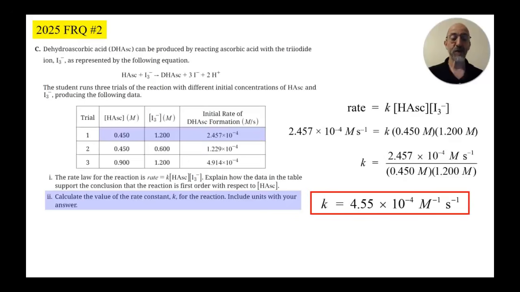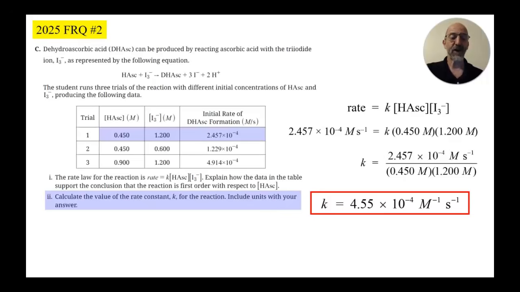So there is the correct numerical value, and there are the correct units. So again, on the rate constant, pay close attention to the setup. I've already talked about units a bunch of times already. Here's another example of why if you don't include units in the setup, it makes it very challenging to figure out what the proper units are for the rate constant.